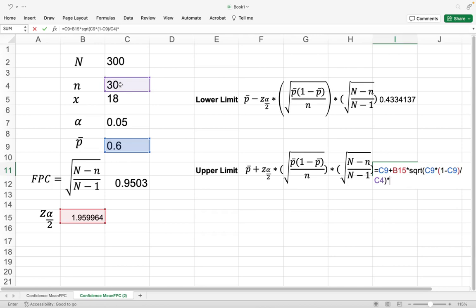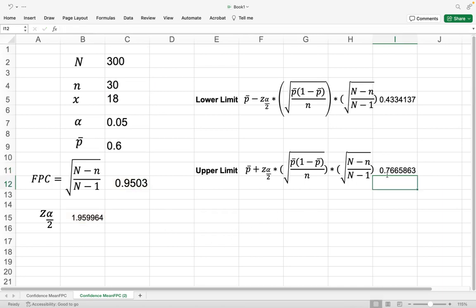Then multiply by FBC. The upper limit of the confidence interval would be 0.7665863. So we got the lower limit and upper limit for a 95% confidence interval for a population proportion when the population is finite.